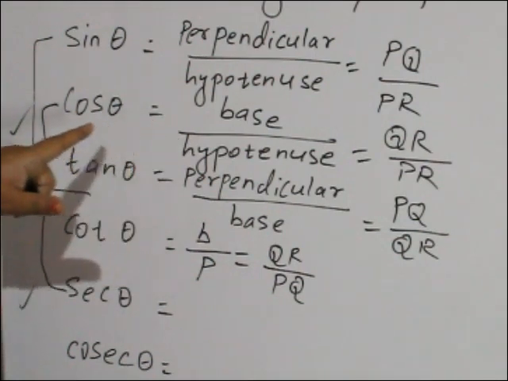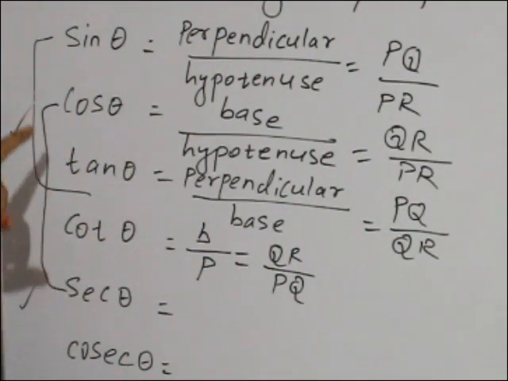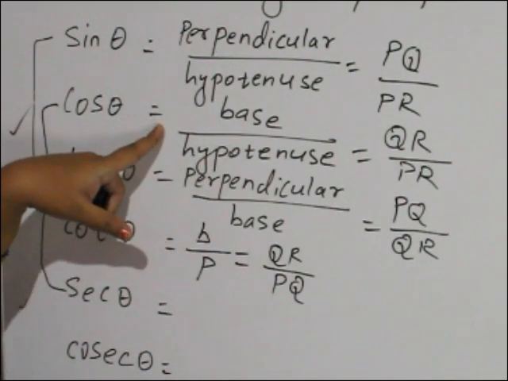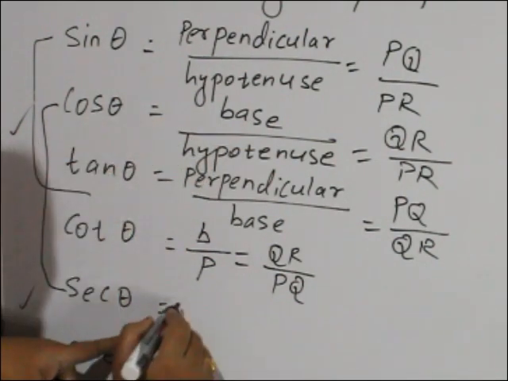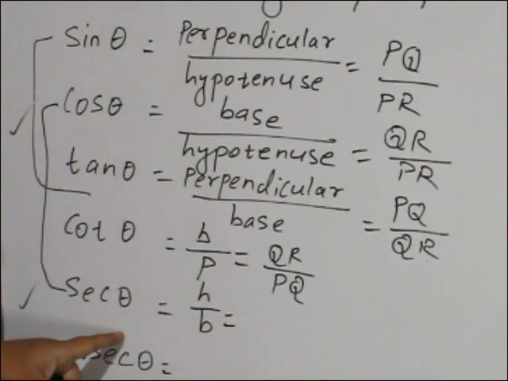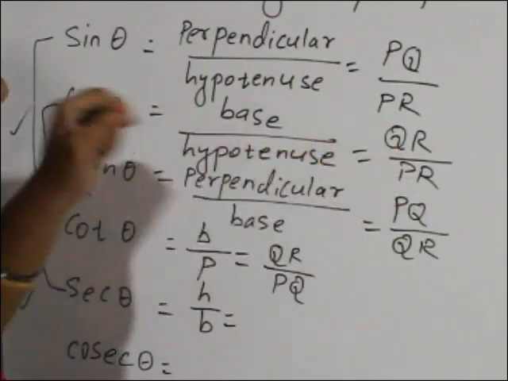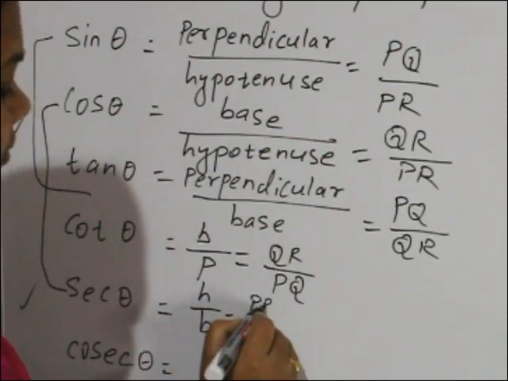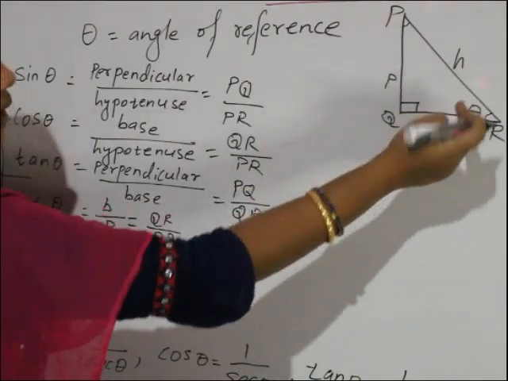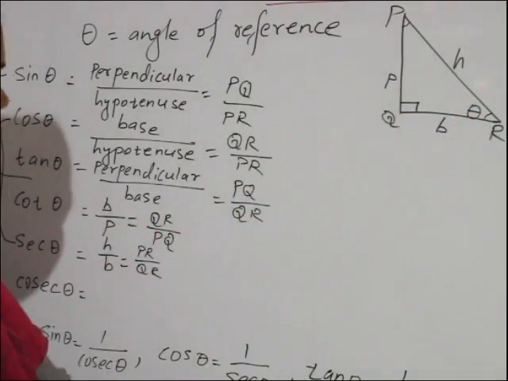Cos theta is B by H, so sec theta will be H by B, which means PR by QR.